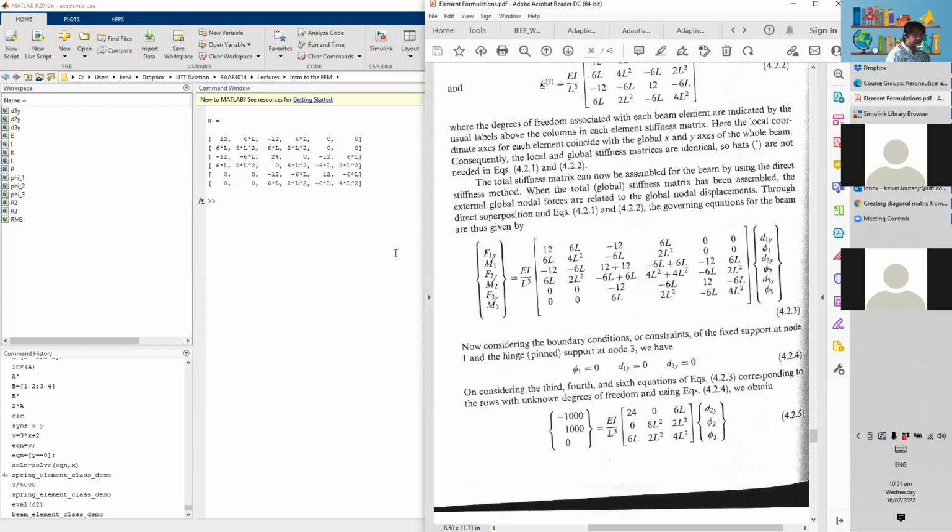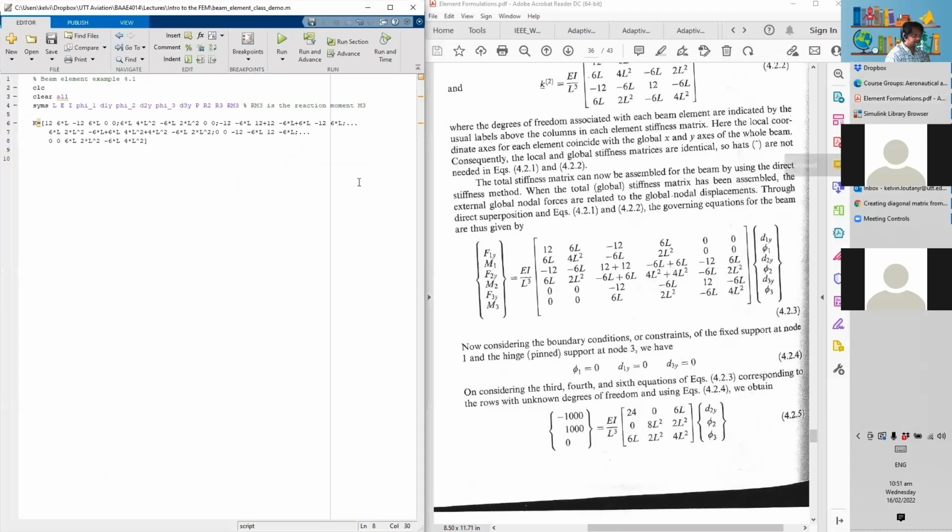All right, so looking good, right? So the K matrix is looking correct there. All right, so we could continue now.